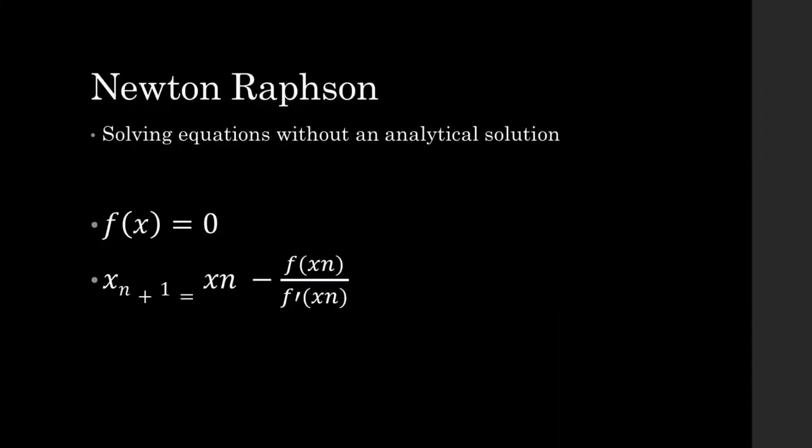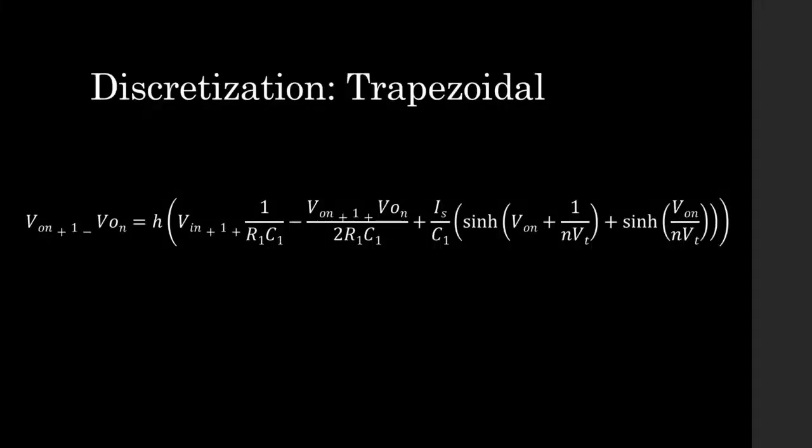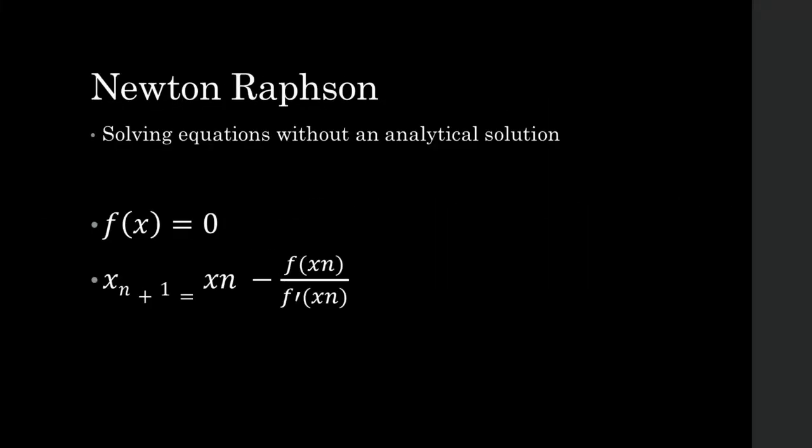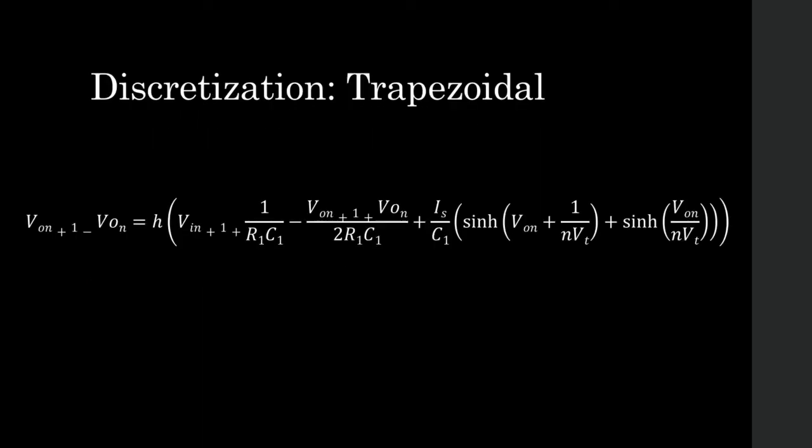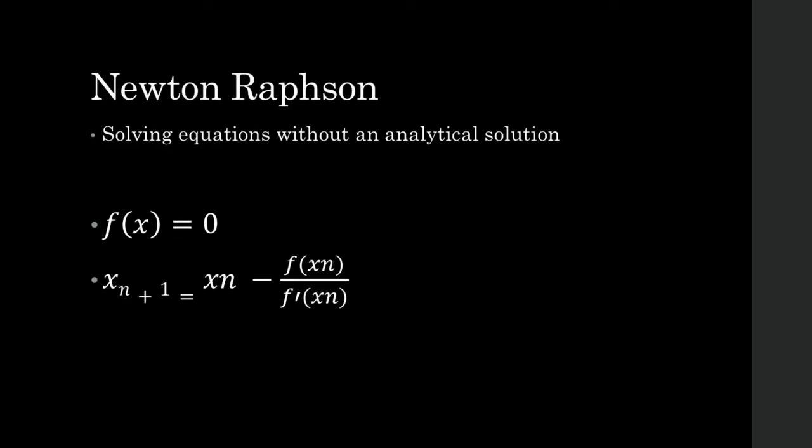To solve that, we usually use Newton-Raphson, though you can also use different approaches, but that's the first thing I did. What you want to do is put everything on the same side and say that it equals 0. You put VO n+1 minus VO n with h, and that's f(x) equals 0.